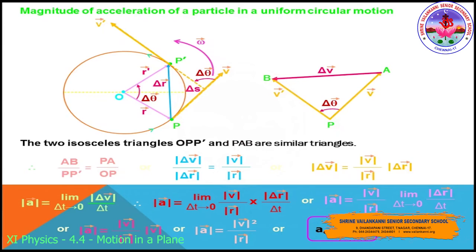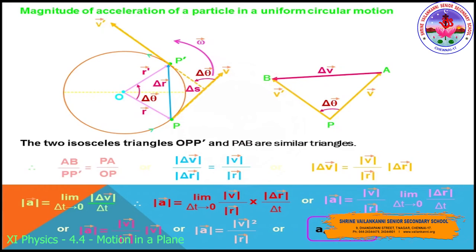So from this diagram, if we take del t or del theta, the particle is moving with angular velocity omega, and we can compare the values AB by PP dash, which is equal to PA by OP.